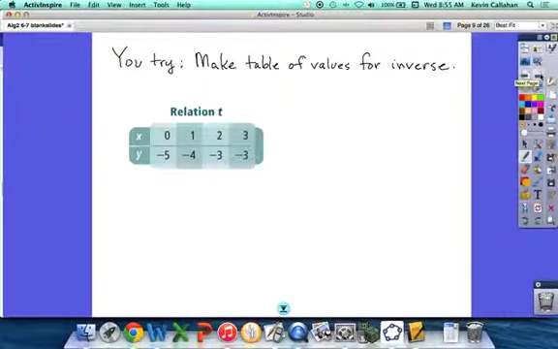So try to make your table of values, which is the inverse of this relation. Again, put this on a separate piece of paper. You're going to hand it in at the end of class.